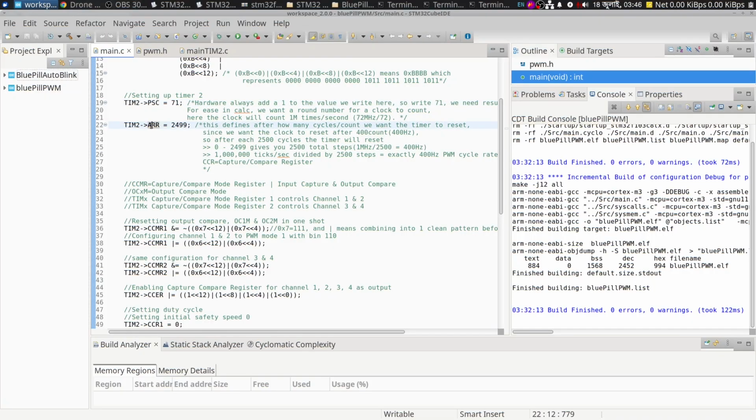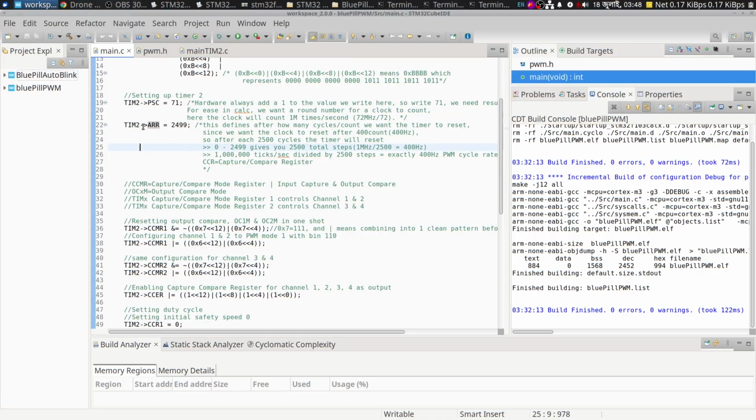Then there is the auto reload register, the register that resets the counter to 0. For a usual drone we want a speed of 400 hertz, 400 times a second. The output that we want through this pulse width modulation is 400 hertz. So what we essentially need to do is get the 400 hertz output. How are we going to get it? We're going to divide 1 million by 400 hertz, and we're going to get 2500.